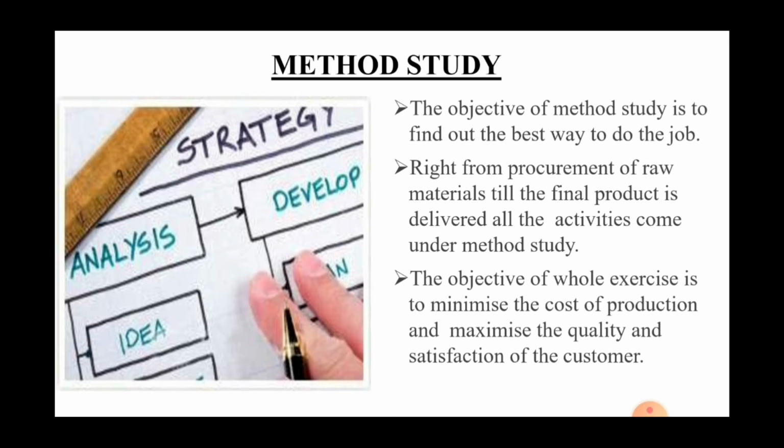There are so many techniques used in method study, like process chart, two-handed process chart or flow diagram, which can explain the overall process of the production. The main objective of method study is to minimize the cost of production and maximize the quality and satisfaction of the customer. It is also focused on the proper utilization of resources.